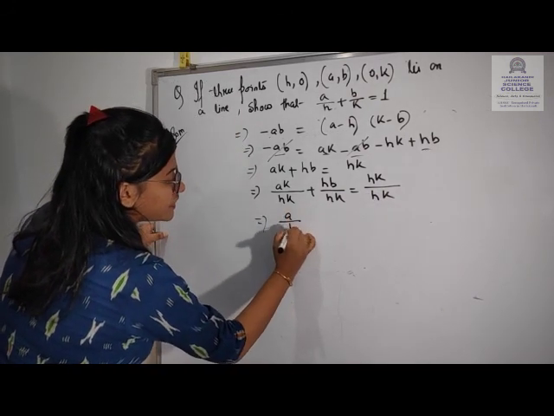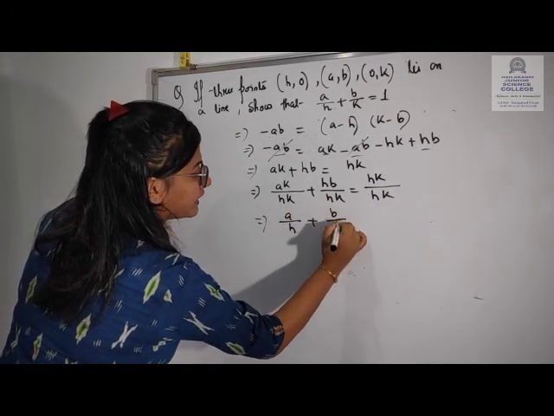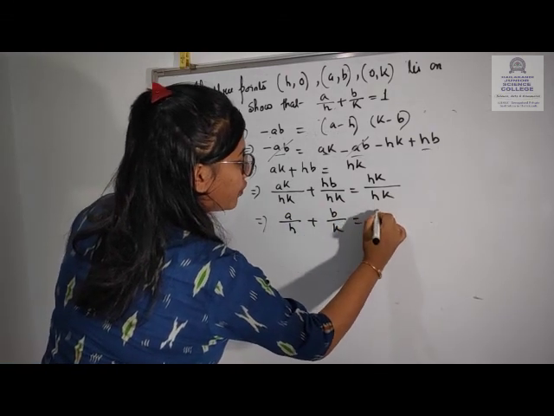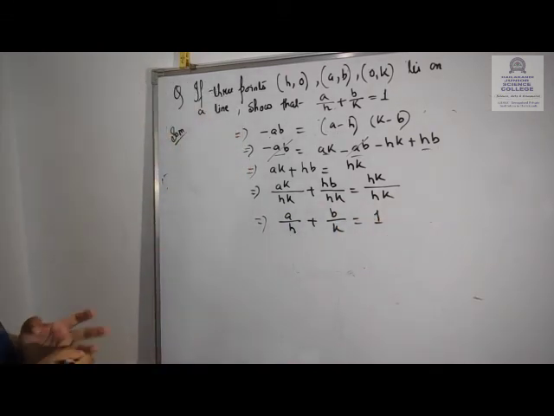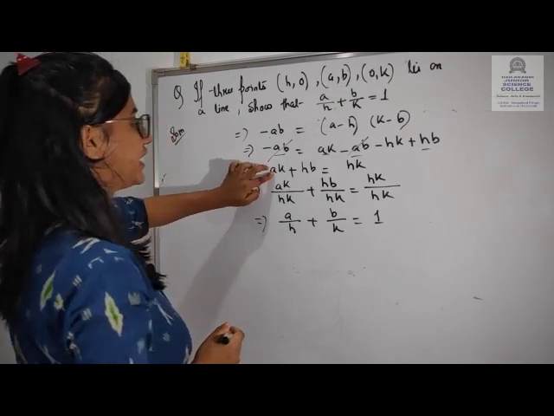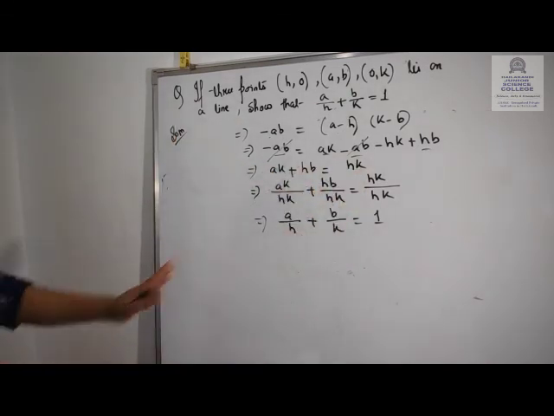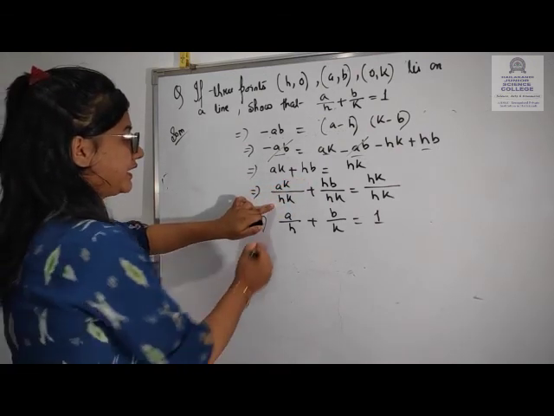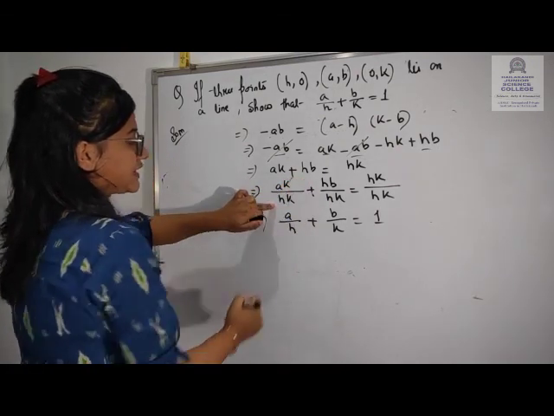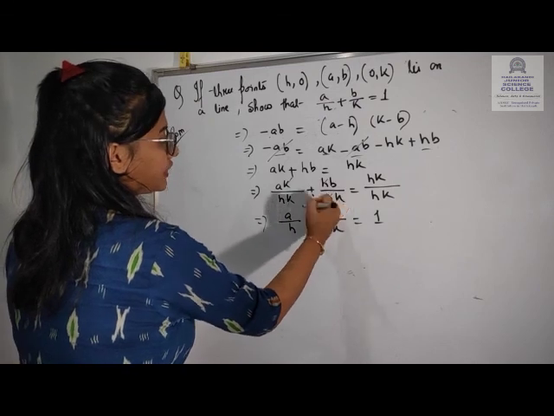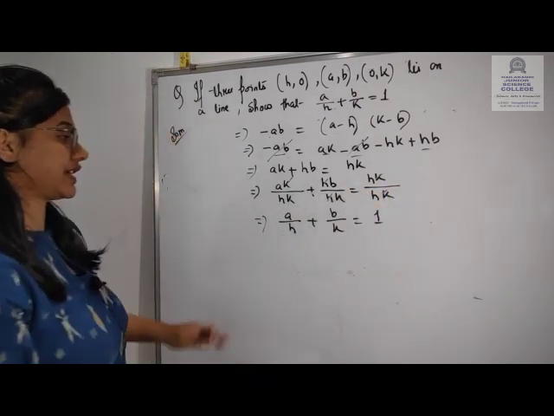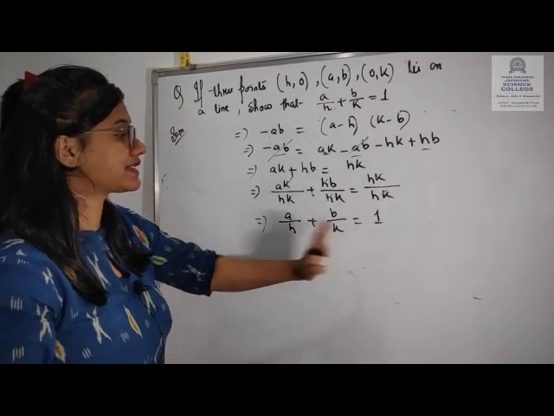So a by h plus b by k is equal to 1. After this step I have divided this line on both sides by hk. So in ak divided by hk, the k will get cancelled and the h will cancel, and this whole term will get cancelled. So a by h plus b by k is equal to 1.